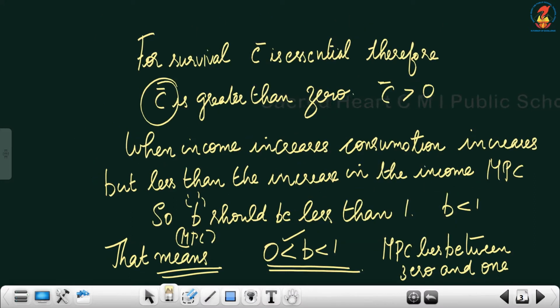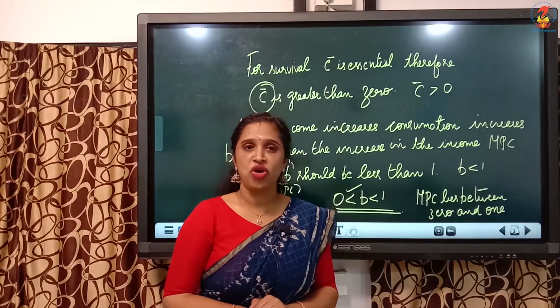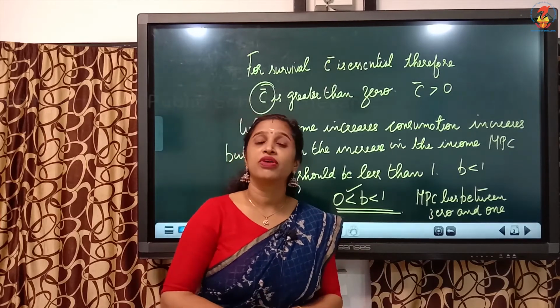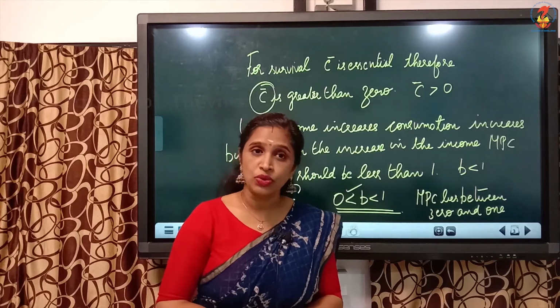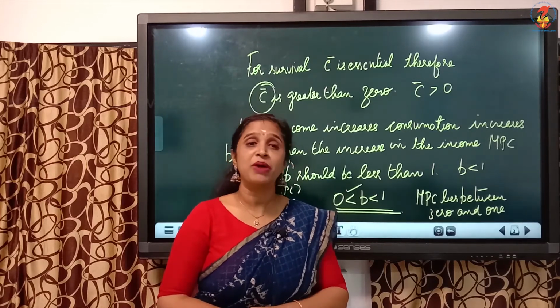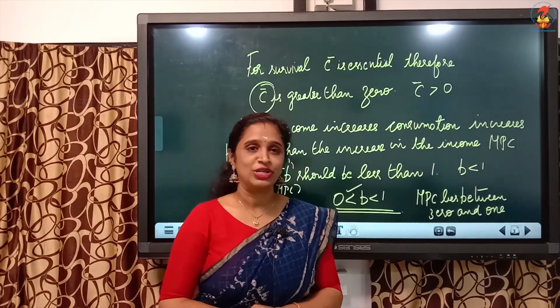Now, let us move on to the next point, that is C bar. C bar means autonomous consumption, which is essential for an economy because people cannot survive without consuming. Therefore, even if their income level is 0, they will take their past saving and try to consume.